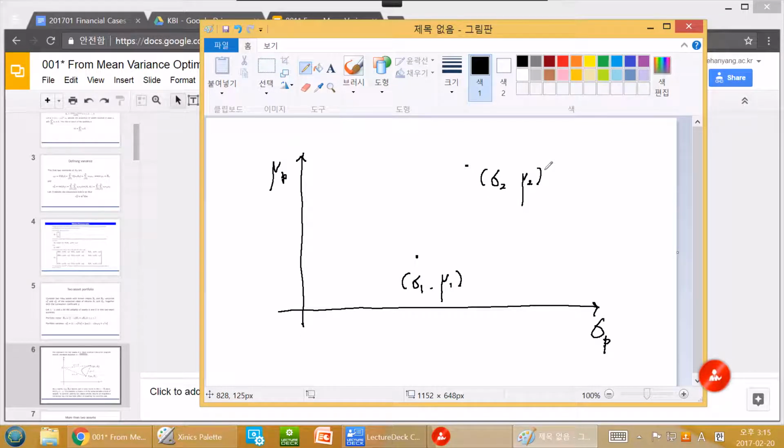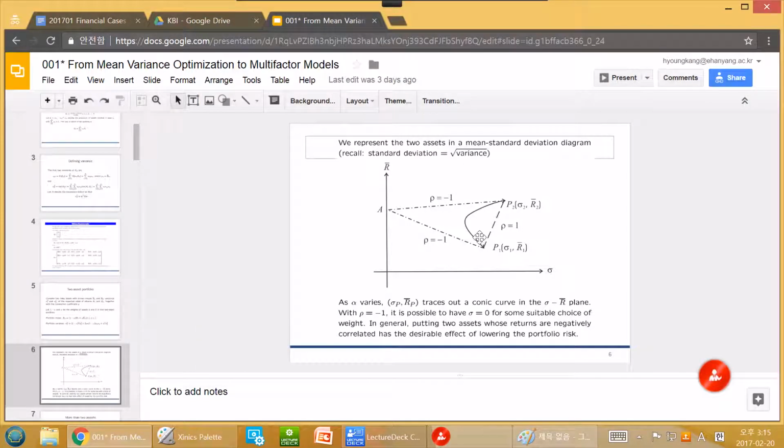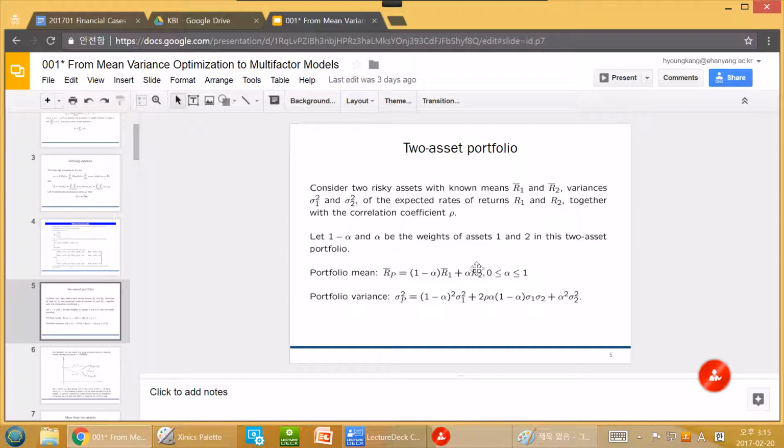right? Now, this is the case when alpha is 0, and this is the case when alpha is 1. Remember, when alpha is 1, we hold only the second asset.